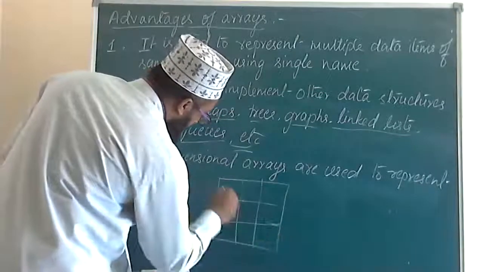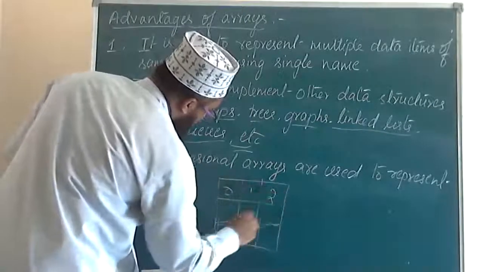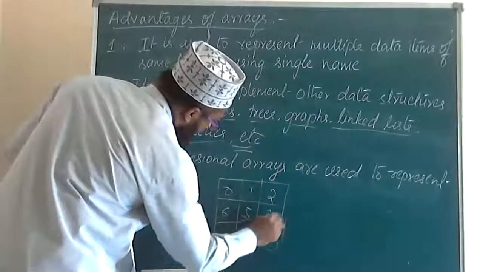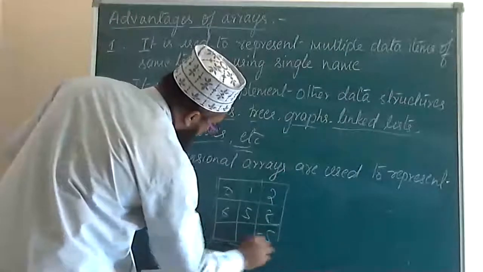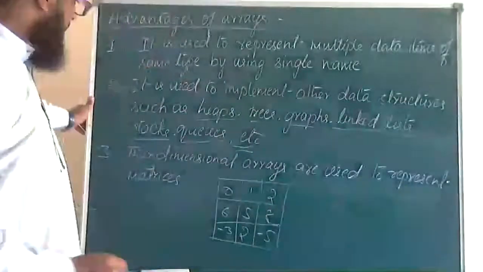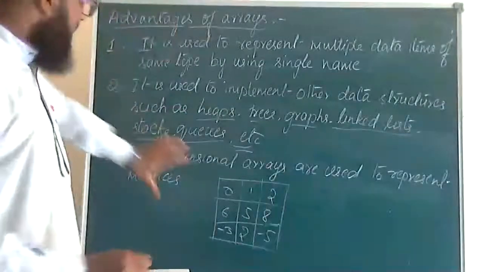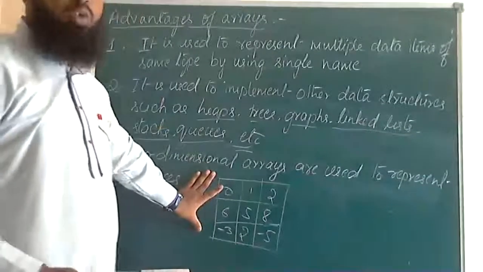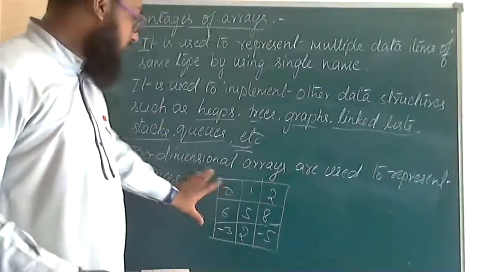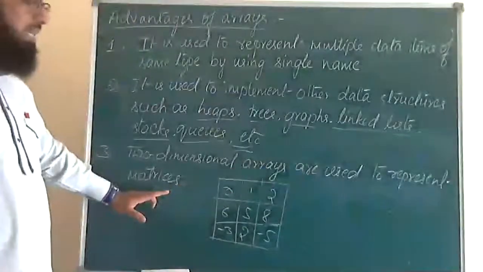Take any elements. We'll take numbers 0, 1, 2, 5, 6, 8, again -5, 2, -3. If we take this, it can be called a two-dimensional array. Here two-dimensional arrays are used to represent matrices.